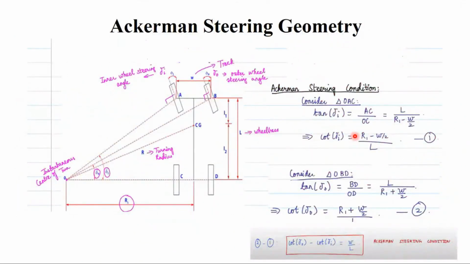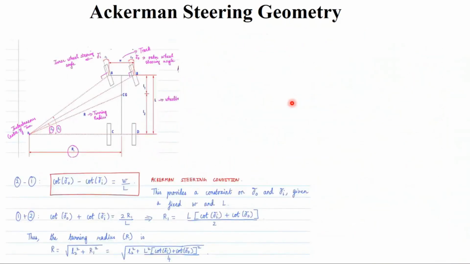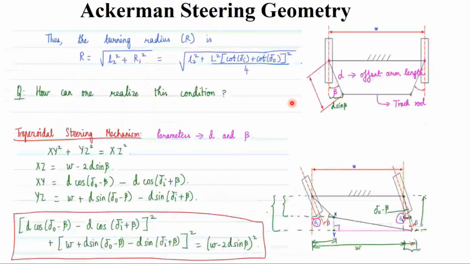We have seen the relationship between W, the wheelbase, wheel track, and also the instantaneous inner wheel steering angle and the outer wheel steering angle. And we have seen the relationship between the turning radius, considering the offset arm length D and the beta with respect to the delta O and delta I.